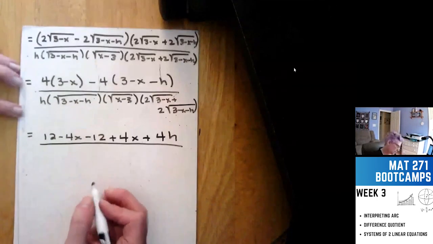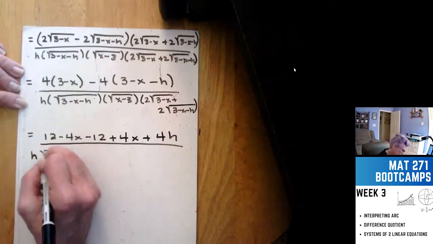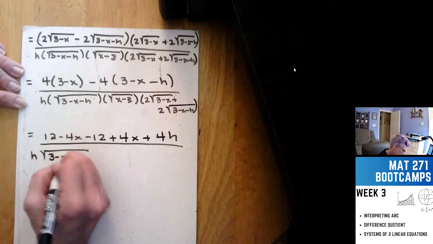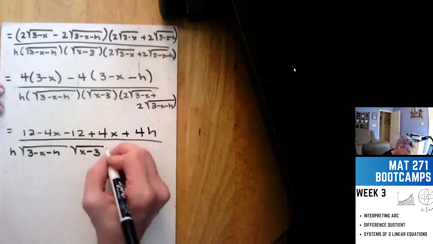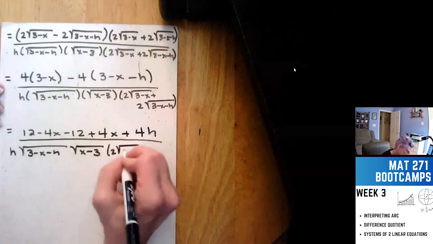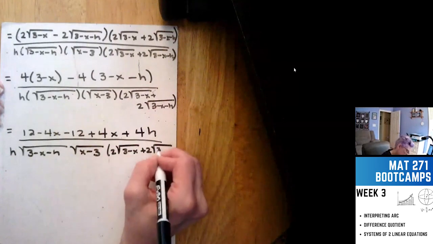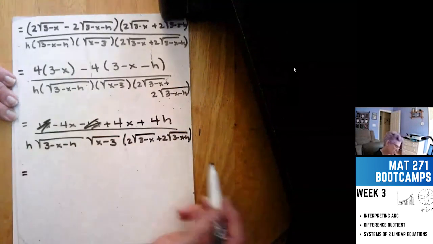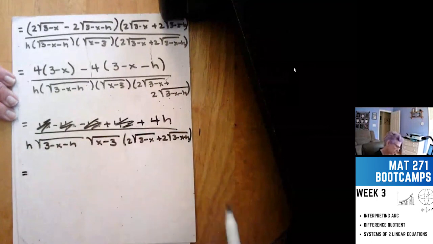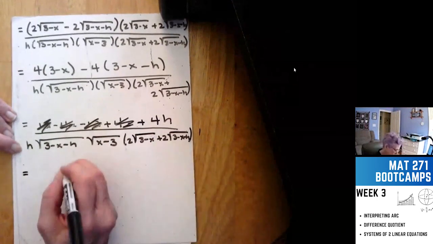And all of that is divided by h times this square root times that square root times the conjugate. Twelve minus 12, minus 4x plus 4x. I'm left with a 4h on top.